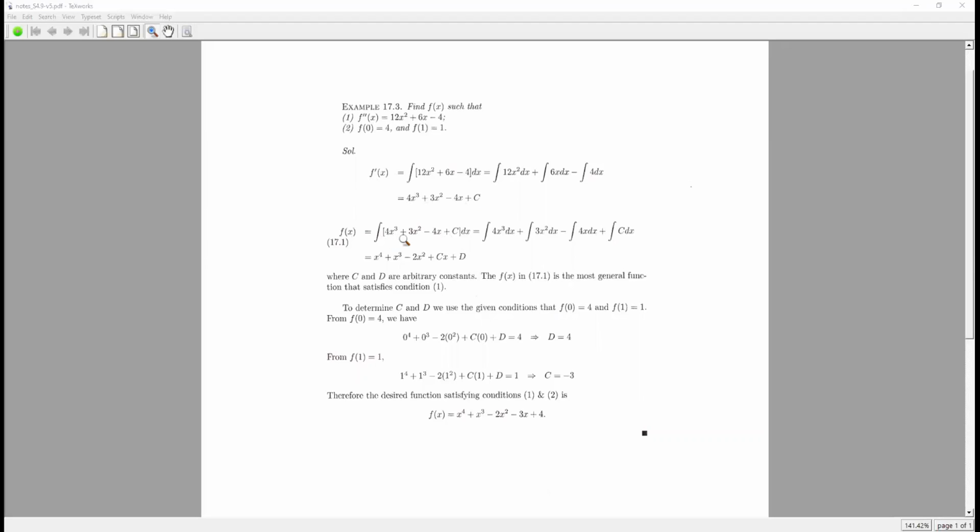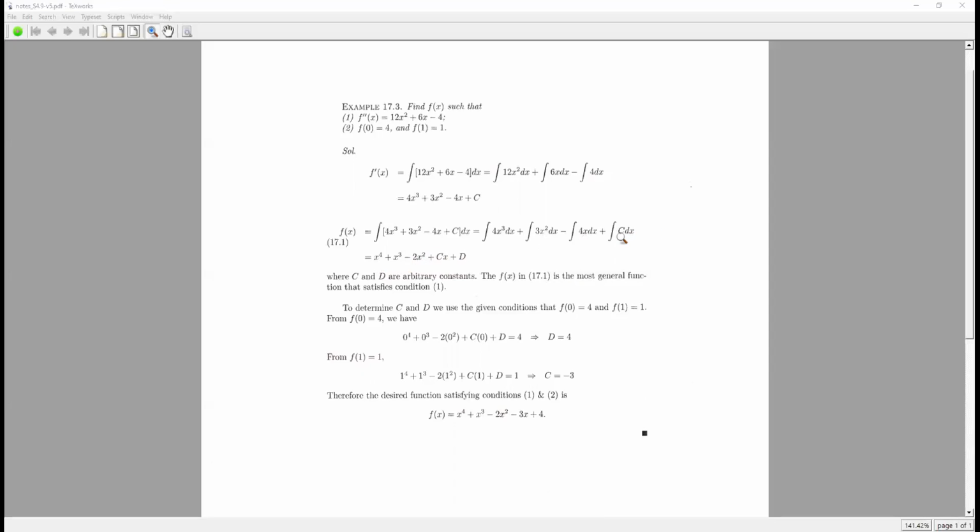By the summation and subtraction formulas, I can write this integral as a sum and difference of these 4 smaller integrals. 4x cubed antiderivative is x to the 4th. 3x squared antiderivative is x cubed. 4x antiderivative is 2x squared.